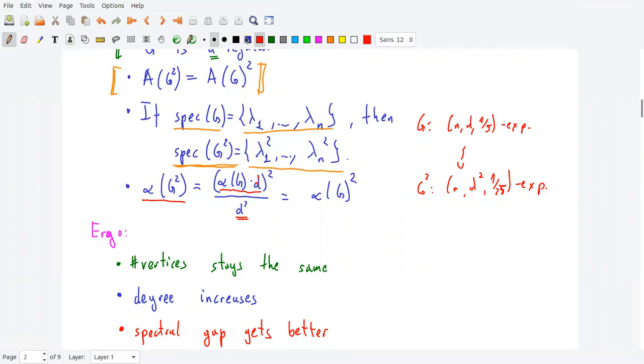So this is an operation that enables us to get a better spectral gap by squaring the graph at the cost of increasing the degree, while the number of vertices stays the same. So we can trade one for the other.